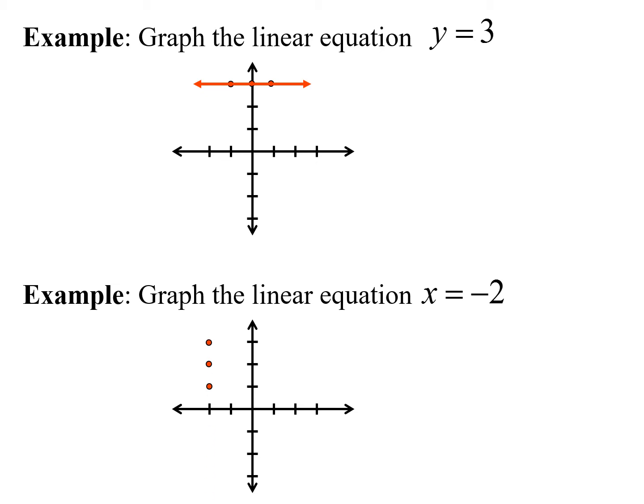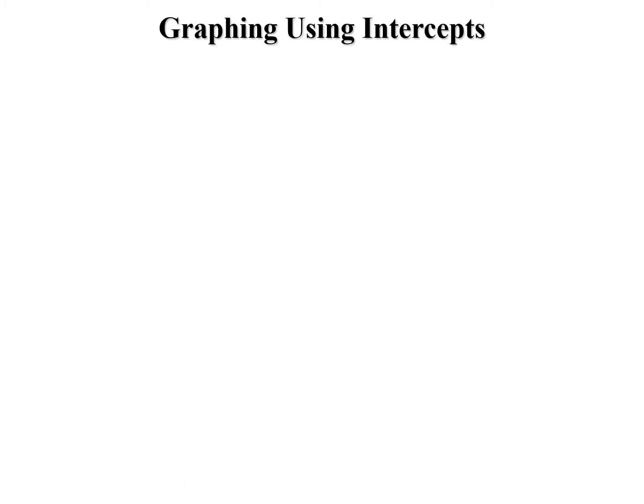And if y is +3, x is still going to be -2. So we can line up those 3 points with our ruler, and we see that we get a vertical line. So anytime we have the equation x equals a number, it's always going to be a vertical line crossing the x-axis at that value.